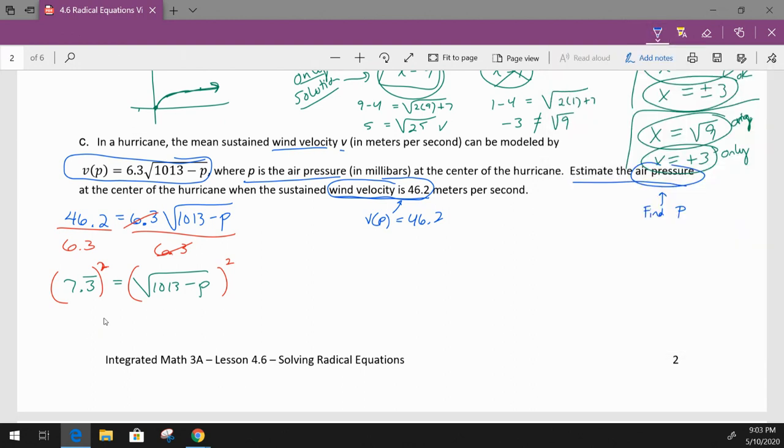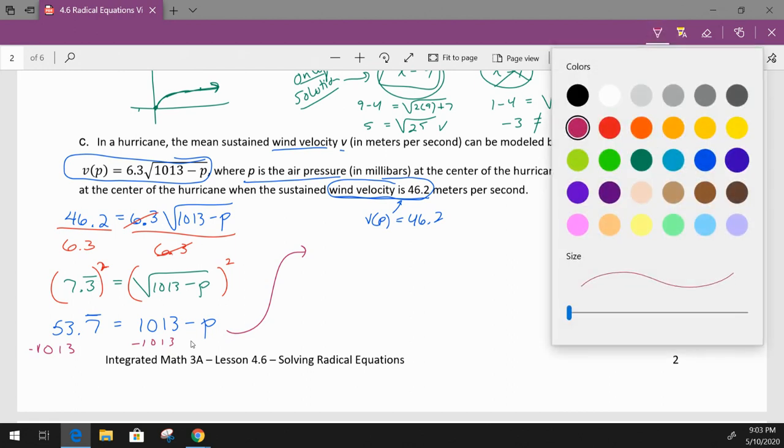So now you should have 53.7 repeating in your calculator, and there'll be an 8 at the end because of the rounding, equals 1013 minus P. Now we want to isolate the P. So we're going to subtract the 1013 from both sides.